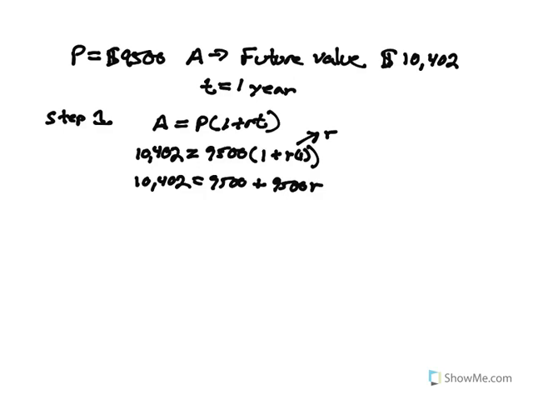Now we're going to subtract 9,500 from both sides because we want the 9,500 times R by itself.